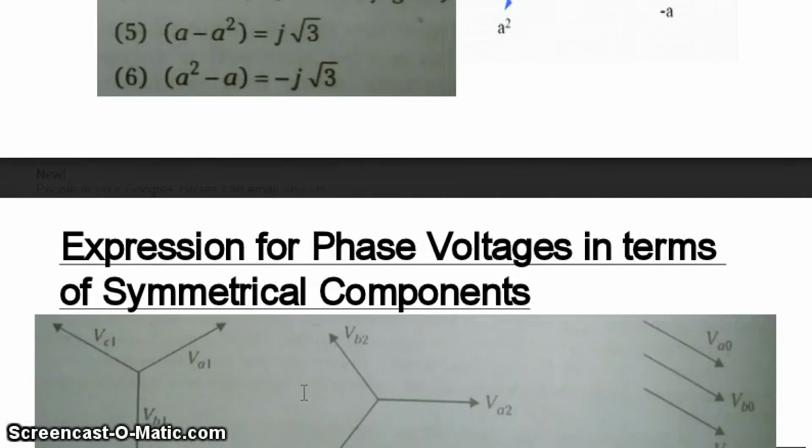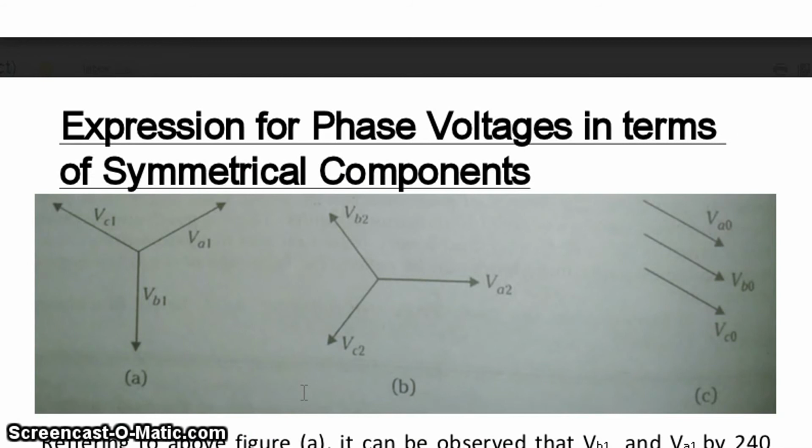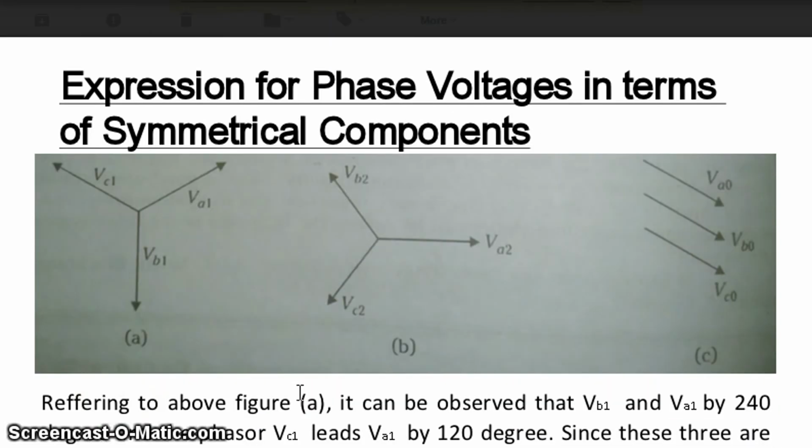Now the expression for phase voltages in terms of symmetrical components. We know that this is the positive sequence component, the negative sequence component, and the zero sequence component. Now if we observe VA1, VB1 and VC1, VA1 when rotated minus 120 degrees in clockwise we get VB1, and VA1 when rotated in anti-clockwise we get VC1.